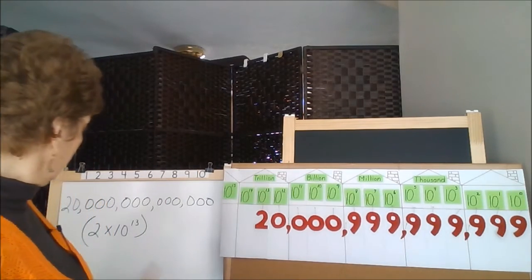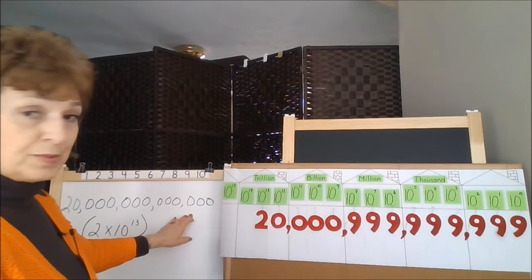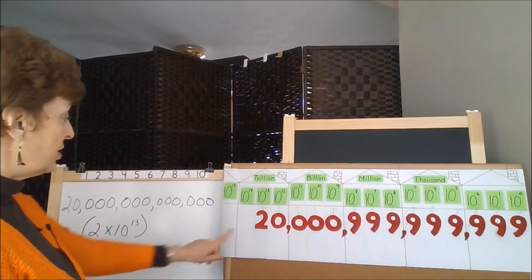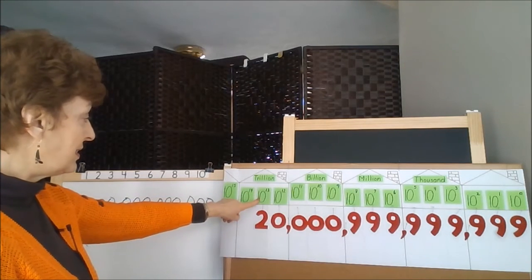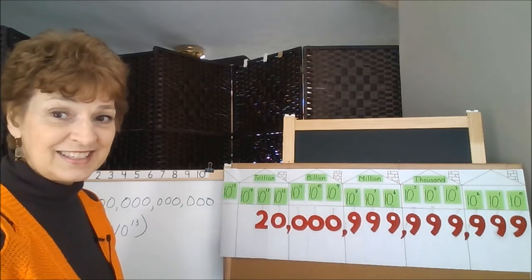So scientists like to talk to each other not with all these zeros, which can be confusing, but in scientific notation. So 2 times 10 to the 13th power is easier for a scientist to understand.